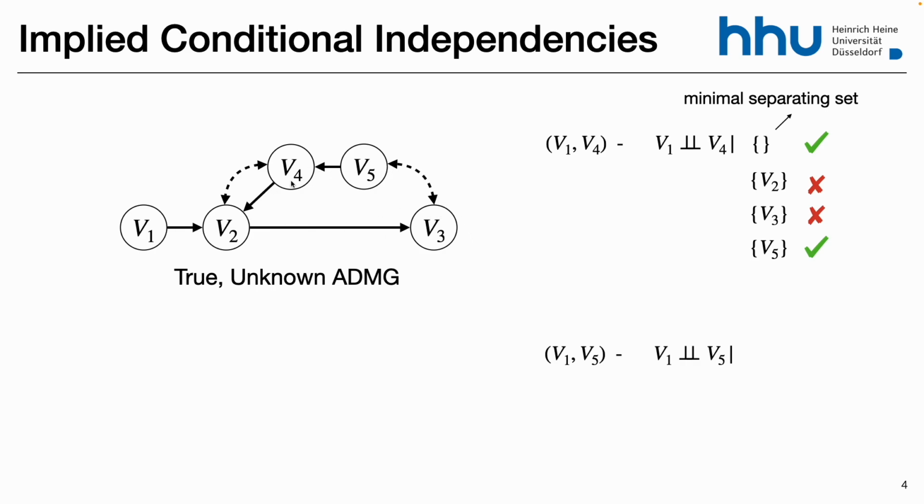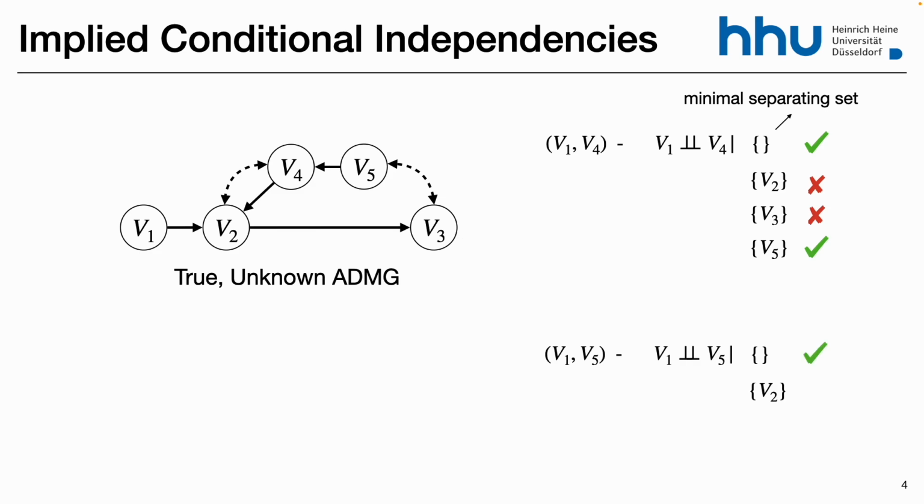With the empty set, these two paths, the one through the bidirected edge and the one through the directed edge, are both blocked because this collider is already blocked. I'm not conditioning on anything, so I'm not activating the collider, and the other path also has a collider, so it's still blocked. Okay, so it works.